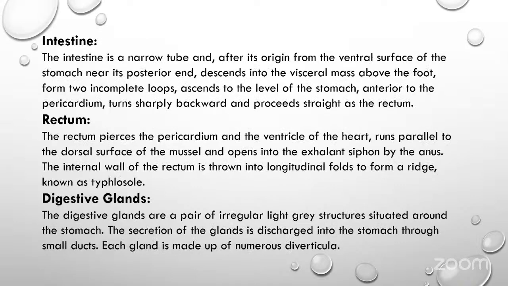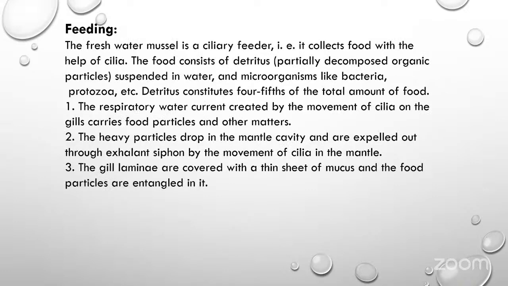Then what is the function of the intestine, rectum, digestive glands, and the feeding pattern of these freshwater mussels, what they require to be fed so that in pearl culture, they grow properly without any damage.